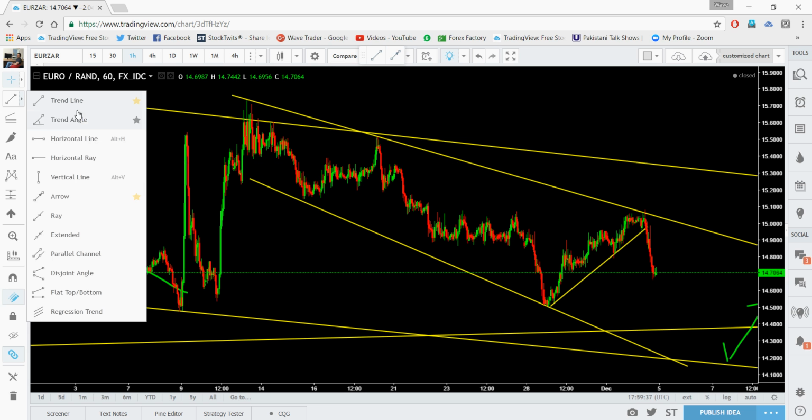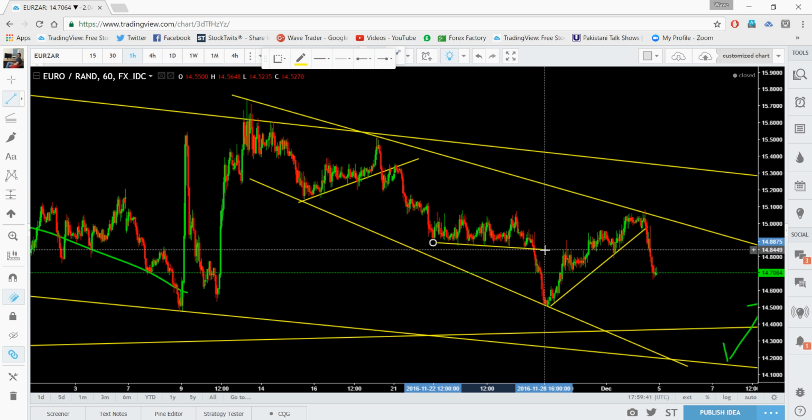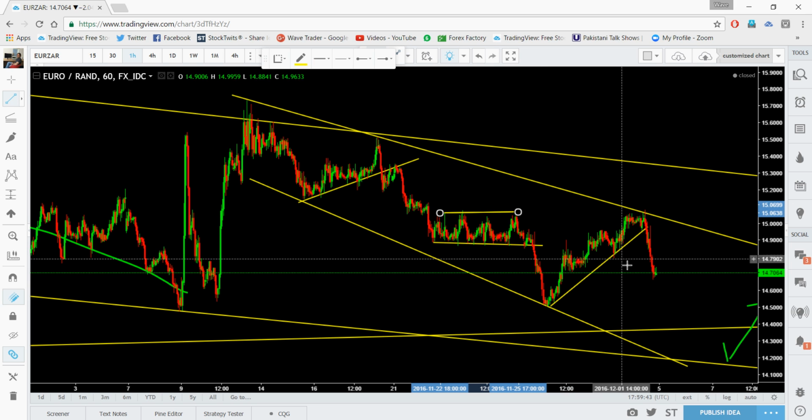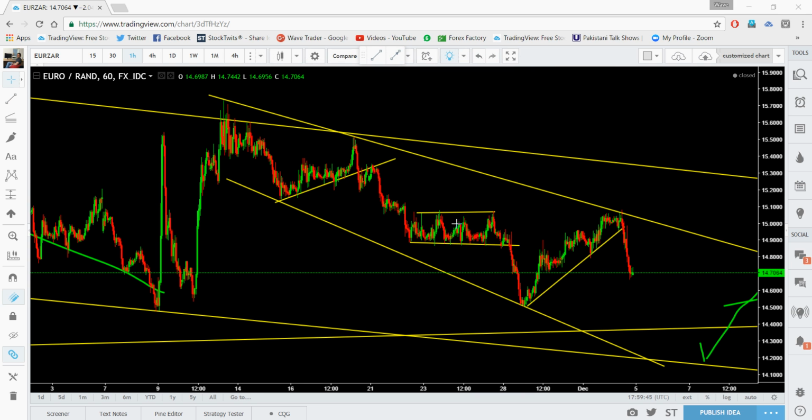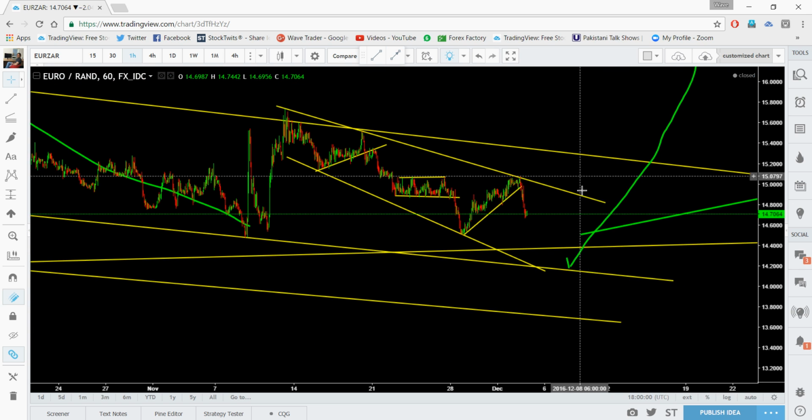If you see a corrective pattern, you can sell on that corrective pattern. These were the sell setups: impulse, correction, impulse, correction, impulse, again correction, and impulse appearing. If you see a corrective pattern here, you can sell for a short period of time to the downside. But be careful.